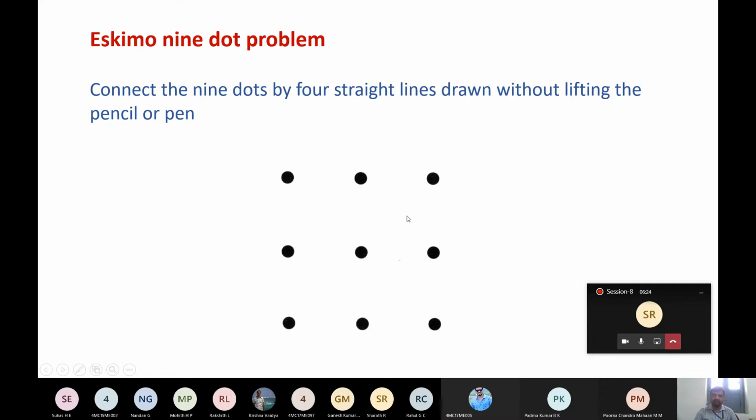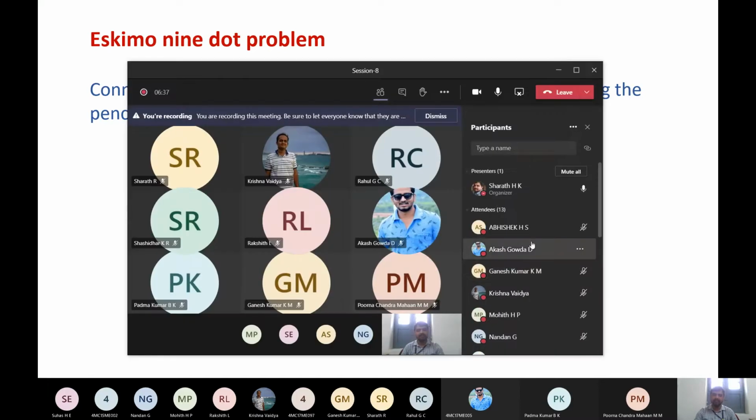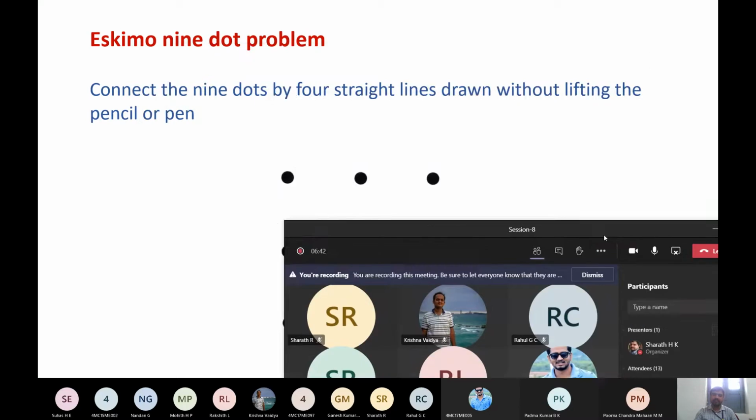You may use a pen or pencil. Is it possible for you to connect these 9 dots? You can try.